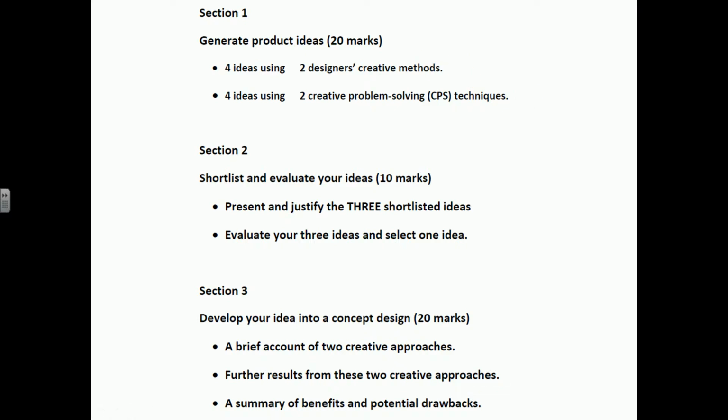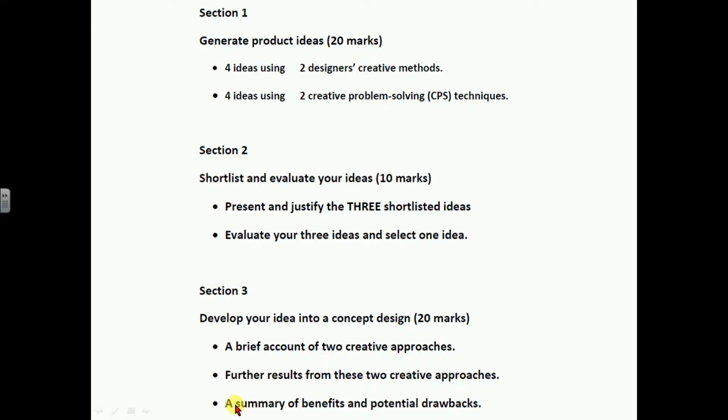These are 2 approaches, which might be 2 methods, or 2 techniques, or one of each, and from that you go and develop your concept design, giving better sketches, and doing some iteration on your design based on those 2 approaches that you consider to be the most creative.